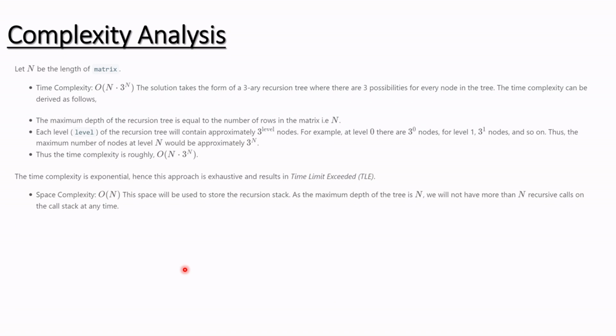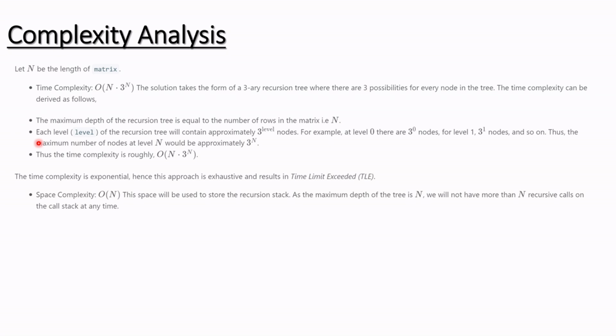Now understand the complexity analysis, right? What is the complexity? As you can see, the solution makes three recursive calls. We are doing three possibilities for every node in the tree. So the complexity can be derived as follows. The minimum depth of the recursive tree is equal to the number of rows in the matrix, correct? Each level of the recursive tree will contain approximately three times the nodes.